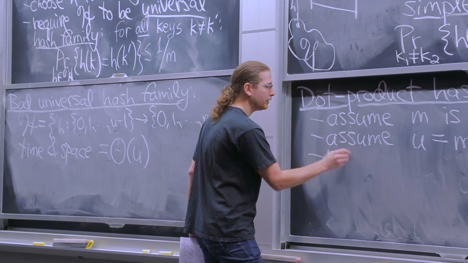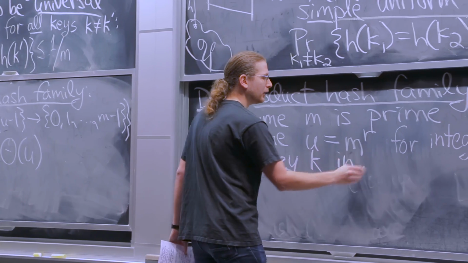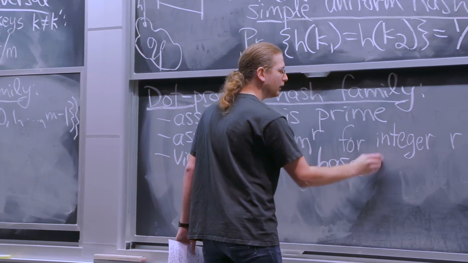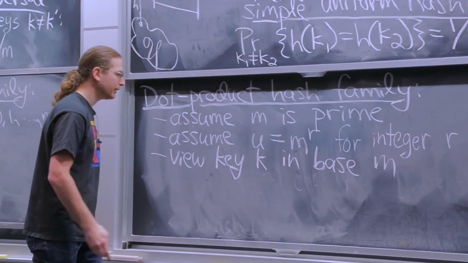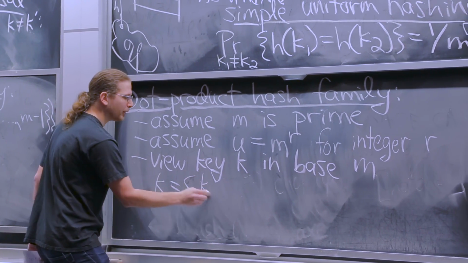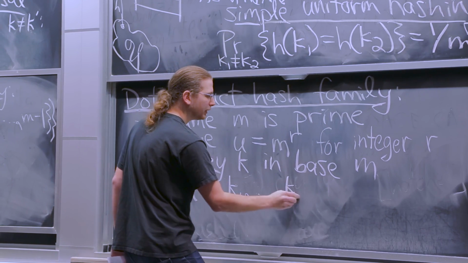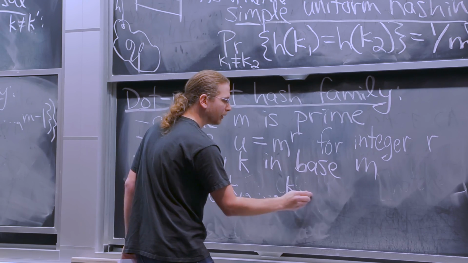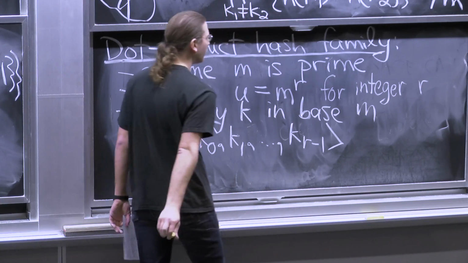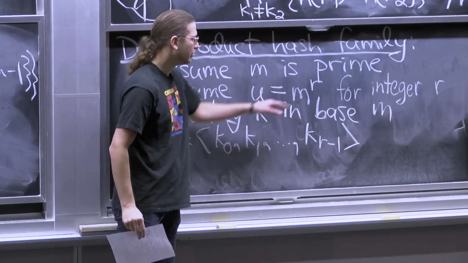I'm going to view a key k in base m. Whenever I have a key, I can think of it as a vector of subkeys, k0 up to k_{r-1}. They are digits in base m because of this relation.